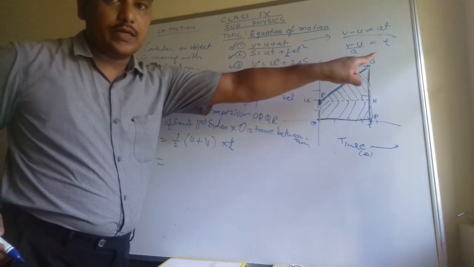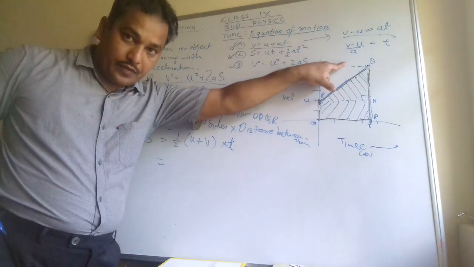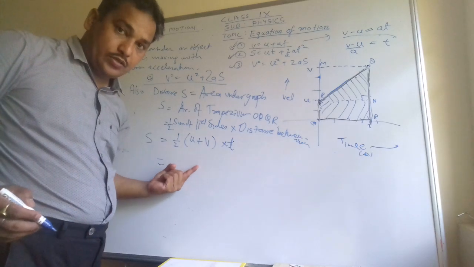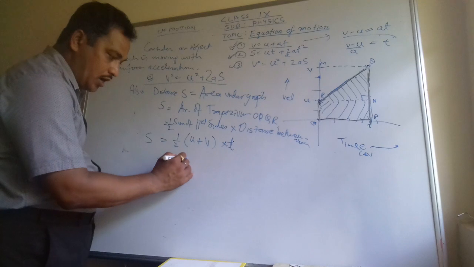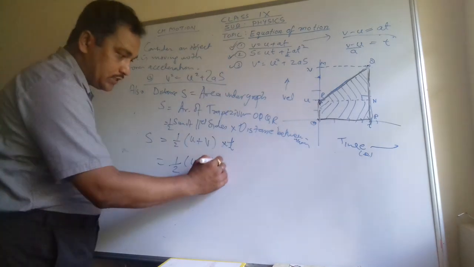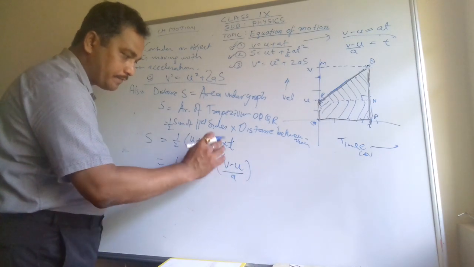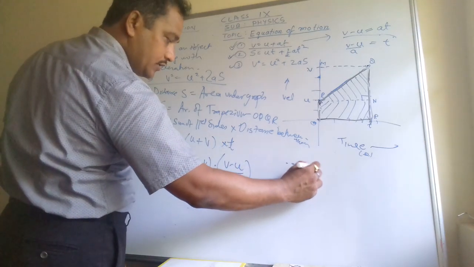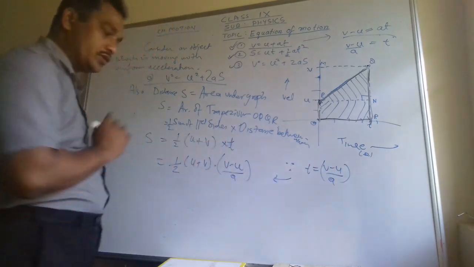So t can also be written as v minus u by a from the first equation which we have derived. So we will put this value of small t into this equation in place of t. So let us do that. It will become half into u plus v into v minus u upon a. This we have substituted in place of t, since t is equal to v minus u upon a from the first equation.